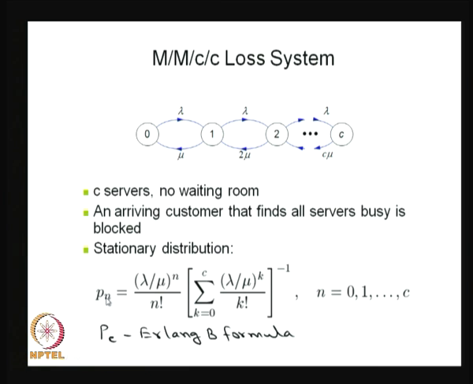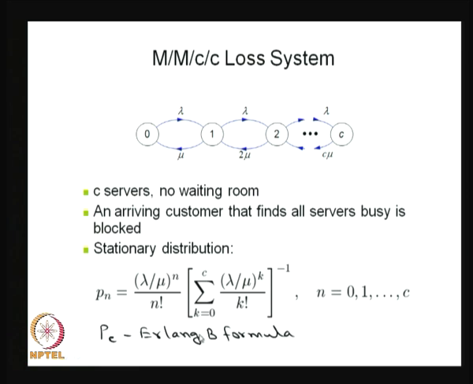Therefore, by using pQ equal to 0 and the summation of p_n equal to 1, you can get the steady state or equilibrium probabilities, that is the p_n's. The p suffix C is nothing but the probability that the system is full, and that is known as the Erlang B formula.